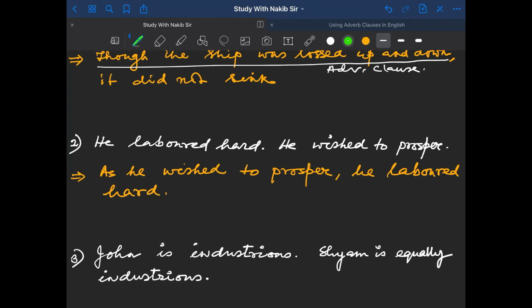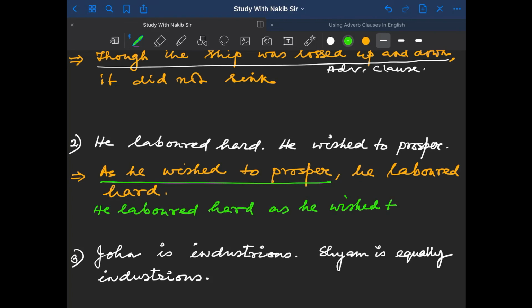If you write the adverb clause at the beginning, use this comma at the end, and you may write also the adverb clause at the end, so there will be no comma. So you may write this way, he labored hard as he wished to prosper. Okay, anyway you can write. These are the two ways.